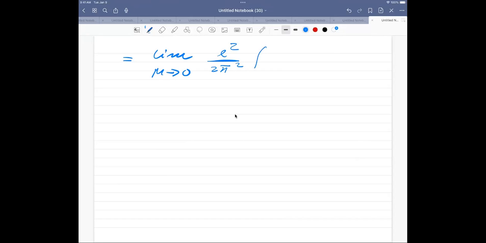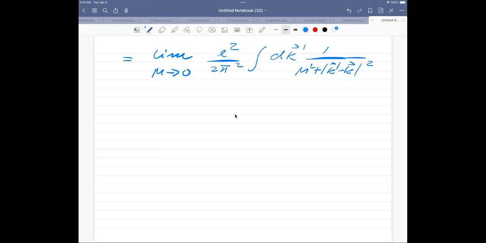And then I have my integral over dk prime, and then my 1 divided by mu squared plus k prime minus k, and this is squared. When I take the limit mu goes to 0, you see that there is no problem in taking that limit. And there is no dependence in the integrand except for this 1 over mu squared. So I can take that limit inside the integration sign.